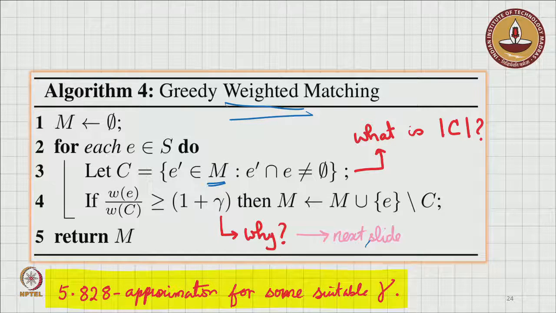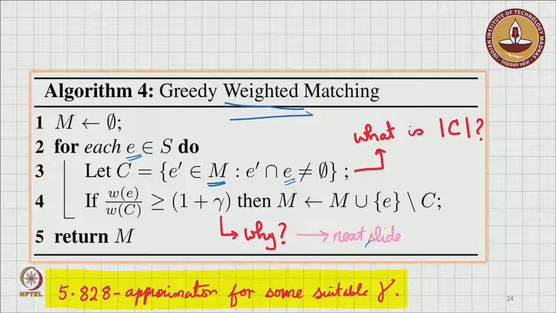We collect the set of edges that have a common endpoint with the current edge. E is the current edge in our stream. And we ask if there are edges in the current matching that have a common endpoint with the current edge in the stream, and we collect all those edges.